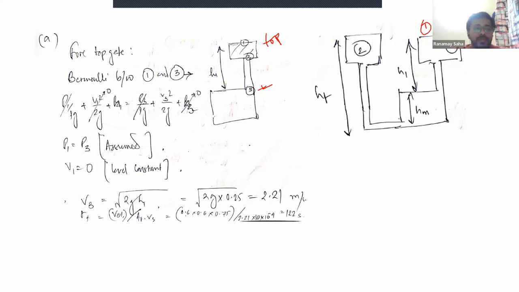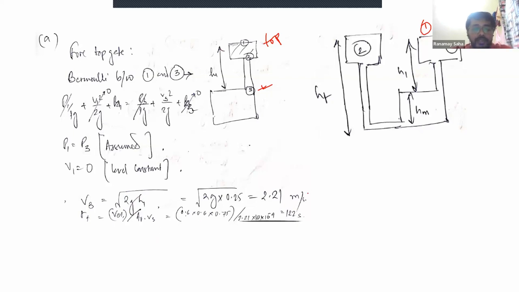And P3 becomes 0. Then P1 is also exposed to the atmosphere, so P1 is also zero, and V1, the velocity at the entry point, is zero again. The initial velocity has been assumed to be zero. In that case, your V3 becomes root over of 2 g into H1, the height difference between the two points.